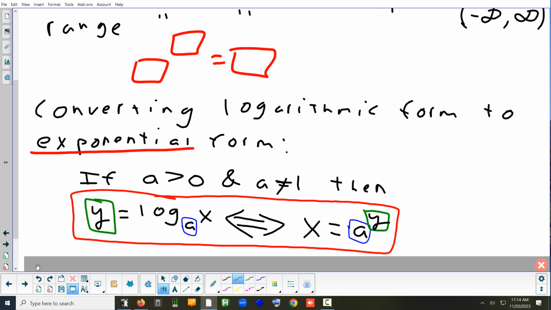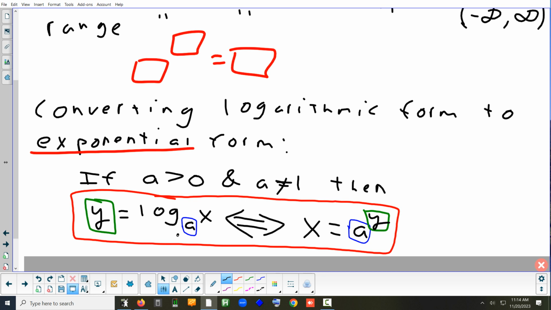Let's see if we can figure out what letters go where and how that makes sense. Let's start with the a. What's the a called on the log? It's the base. When you rewrite it as an exponential, it's still the base, the thing that's lower.